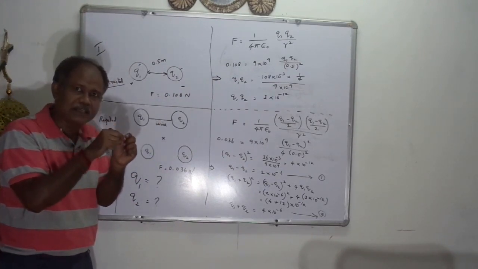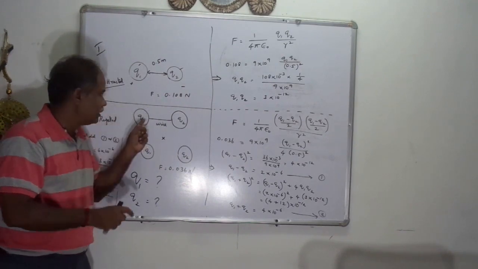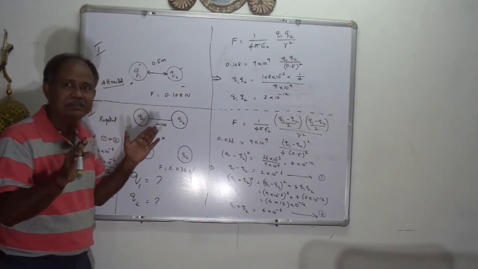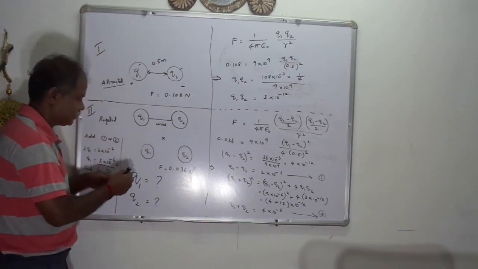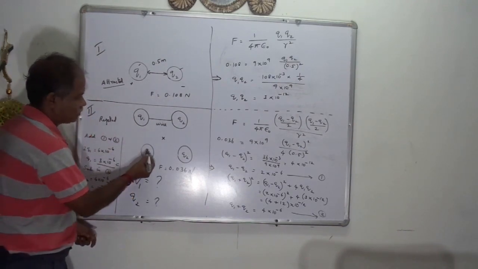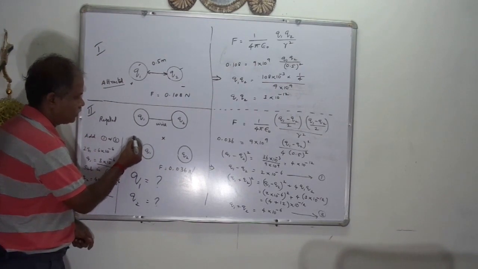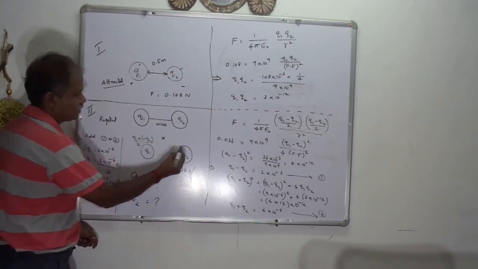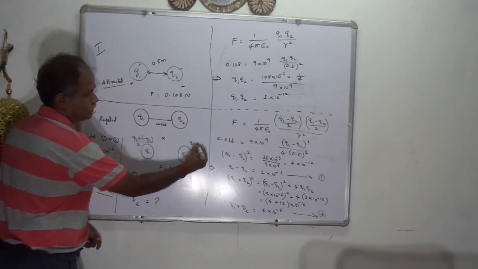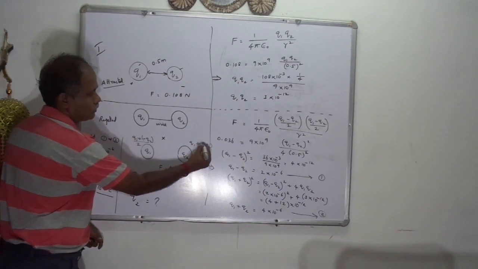If we connect a wire between the charges, the charge will be shared. You take the average charge. After connecting the wire, the charge on each will be Q1 plus minus Q2 by 2.